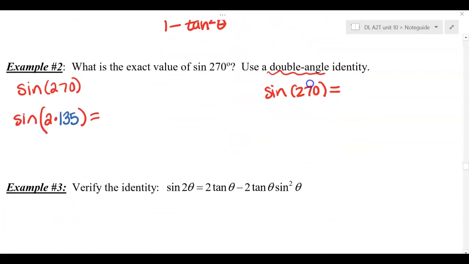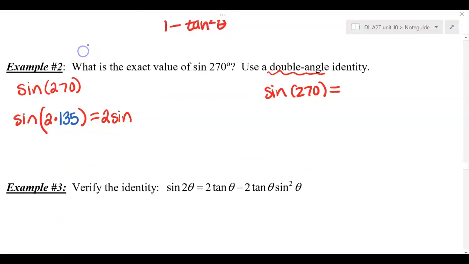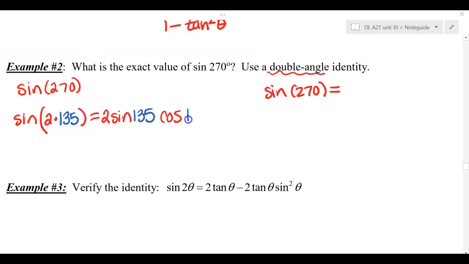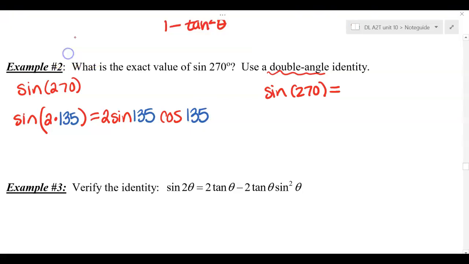So my calculation here is going to be that this is equal to 2 times the sine of 135. Then the formula says to multiply that by the cosine, and again the angle I'm using is 135. I'm color coding this to make sure the angle stands out to you, that my answer is about 270, but I'm doing calculations at angle 135. So this is 2.